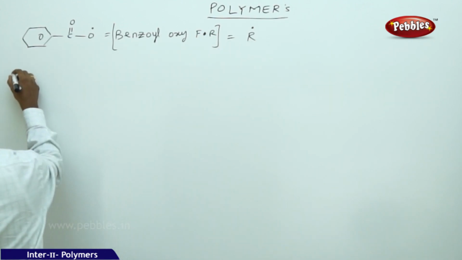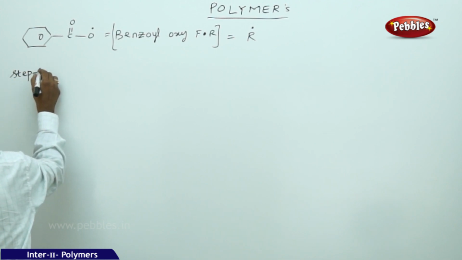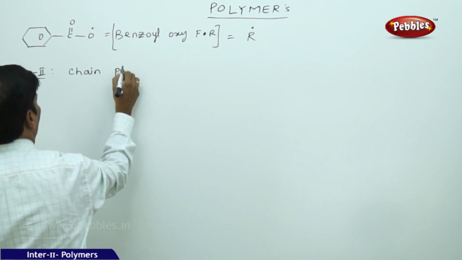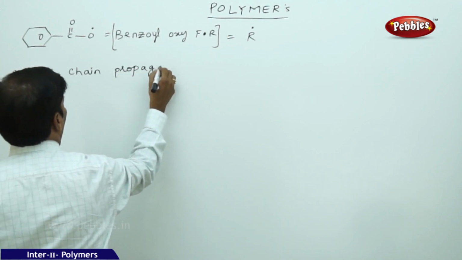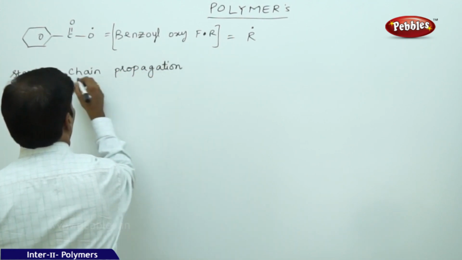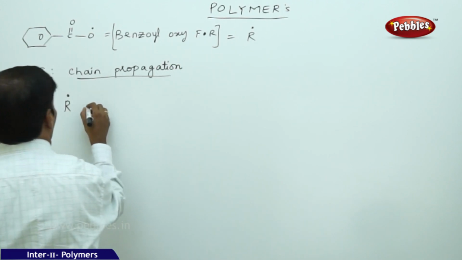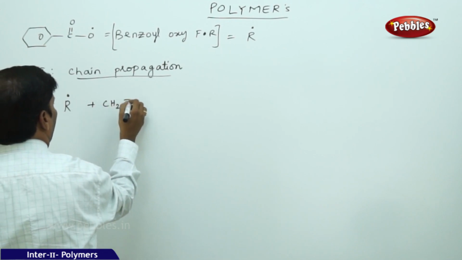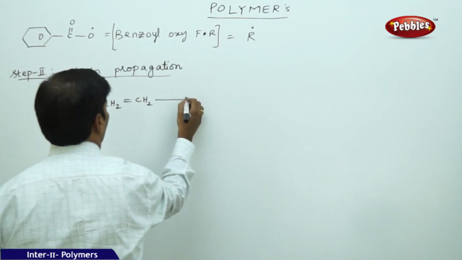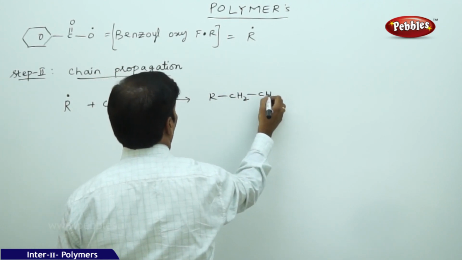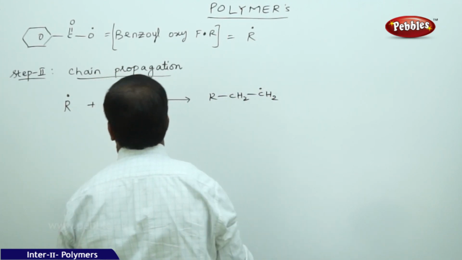In step 2, chain propagation, the R free radical is treated with ethylene or ethene, giving RCH2-CH2.